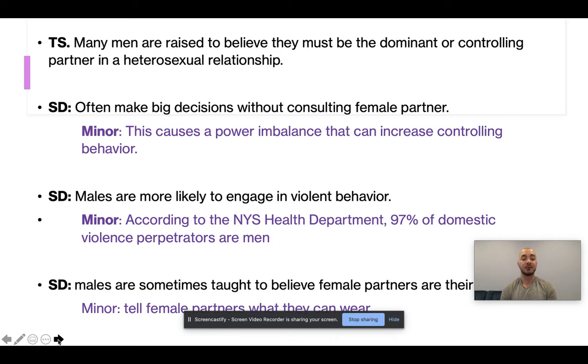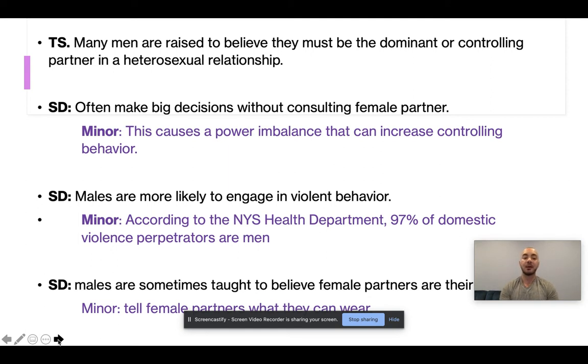In our second example, according to the New York State Health Department, 97% of domestic violence perpetrators are men. That again helps to support the major supporting detail. And a minor supporting detail is that male partners sometimes tell their female partners even what they can wear, and that helps illustrate the idea of property.